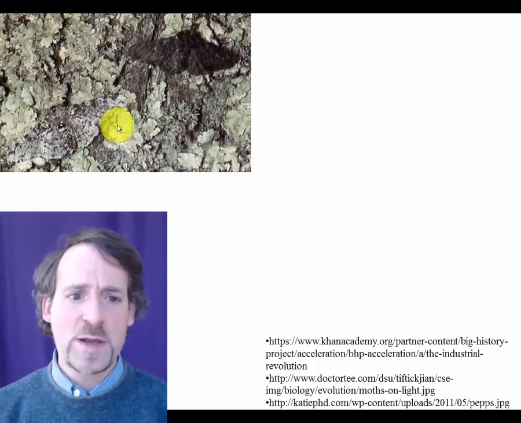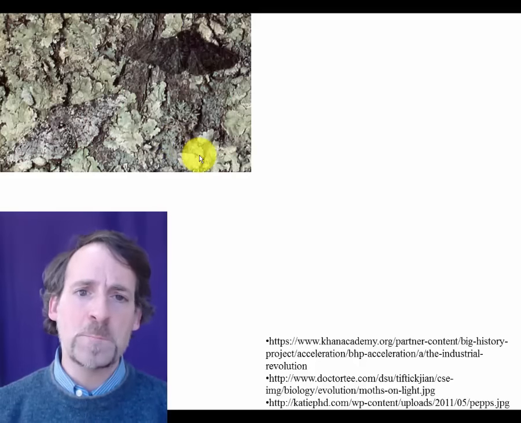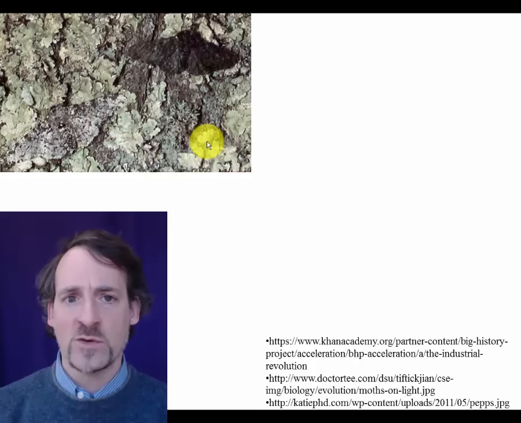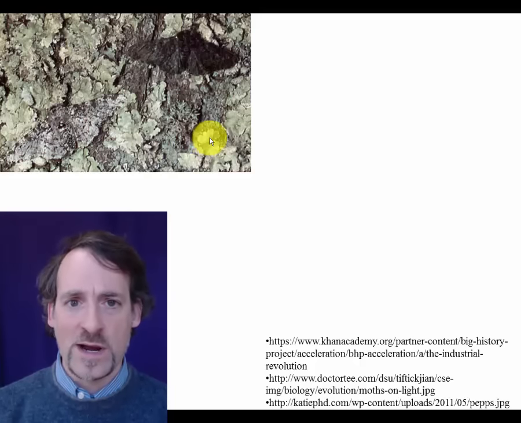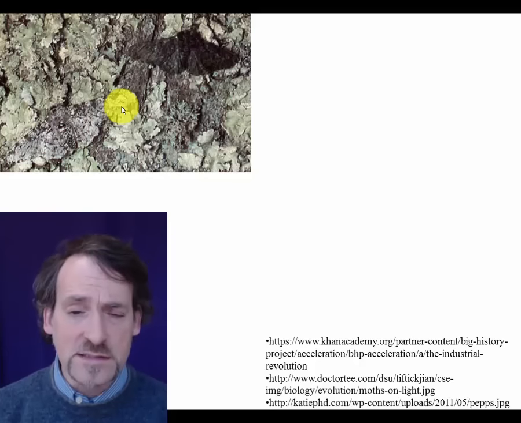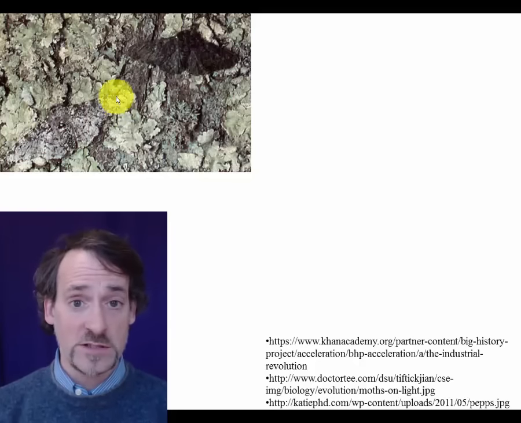Again, this is the peppered moth. Before the Industrial Revolution, this is what you would find if you went out walking in the woods around London. If you looked closely enough, you would see on some of these lichen-colored tree trunks a moth that looks like this. Or you might not see it because it's really well camouflaged.